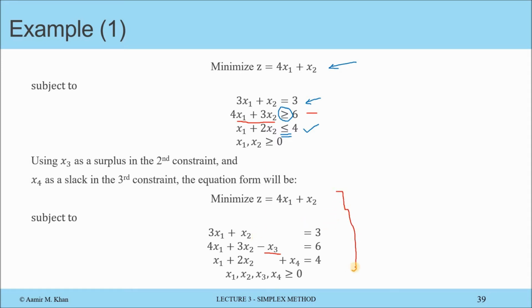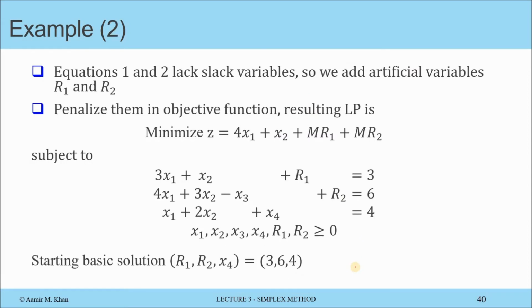Next, equation 1 and equation 2 lack the slack variables, so we need to add artificial variables, and we call them R1 and R2. There were already two variables: this one is the surplus variable, and this one is the slack variable.